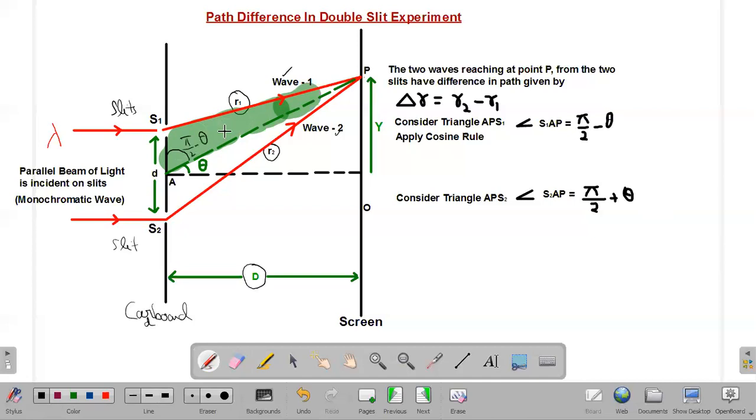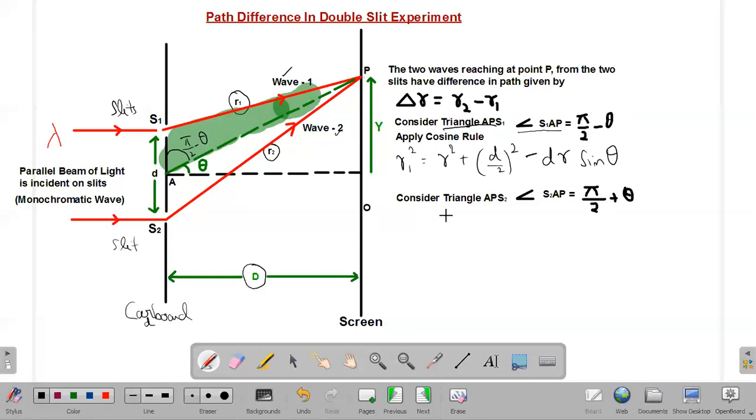And I will apply the cosine rule for this triangle. Applying the cosine rule, you get the expression that R1 square equals R square plus (d by 2) whole square, minus dR sine theta.